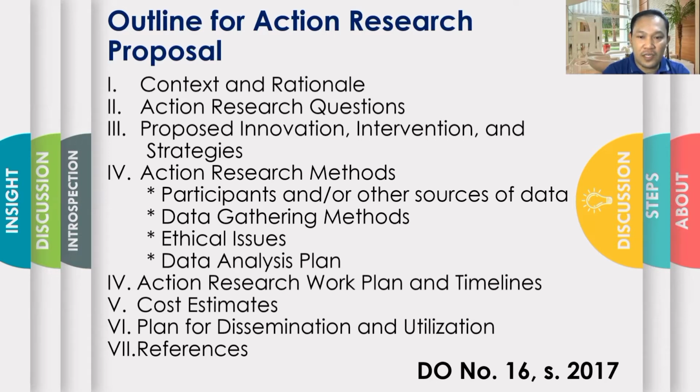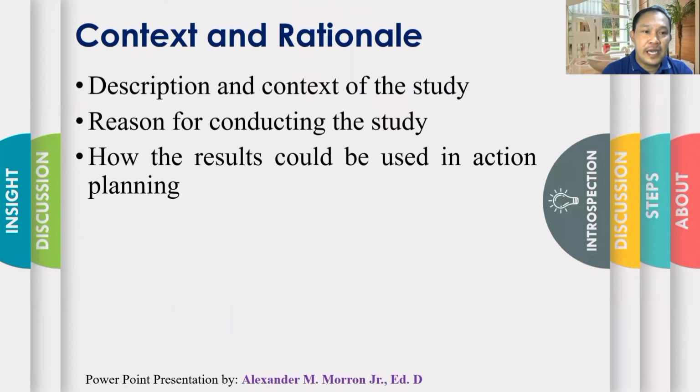Now, let's start with the context and the rationale. In writing the context and rationale of your research paper, this is similar to when we write our introduction and the background of the study, the problem and its background, where we have to provide a description and context of the study. Somehow it's similar to writing the introduction of the research paper. But there should also be an incorporation of why you want to conduct the study.